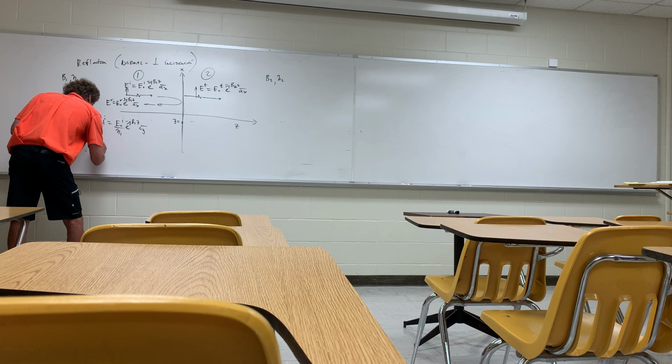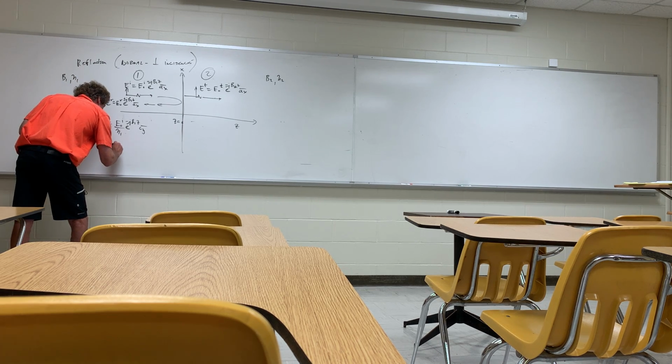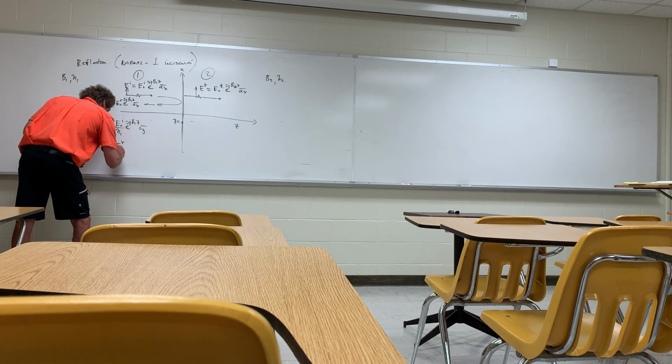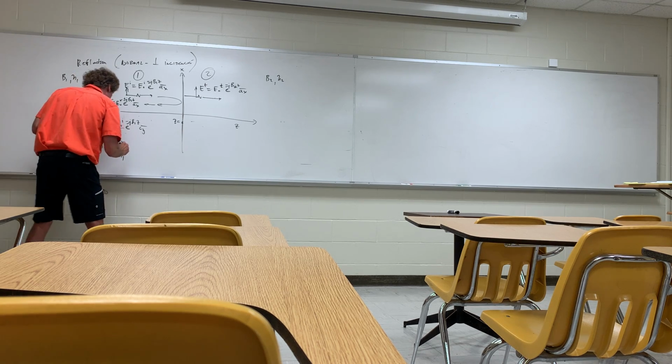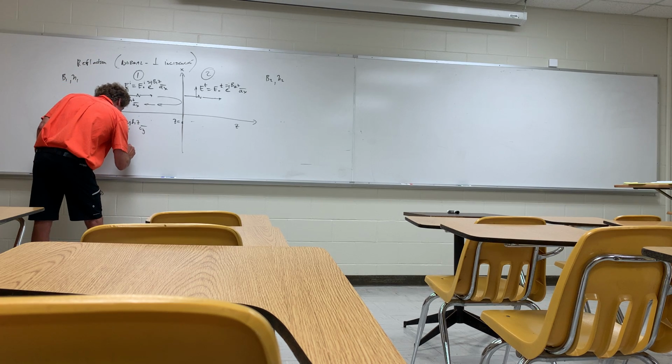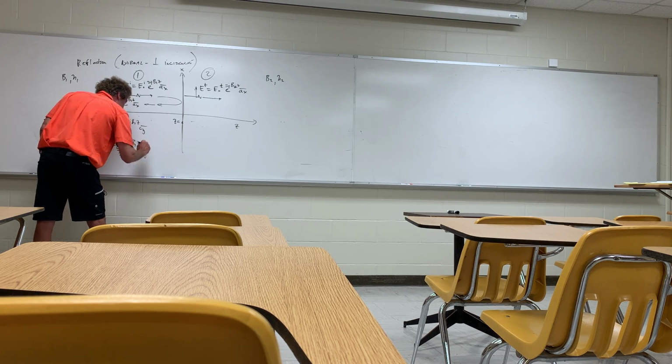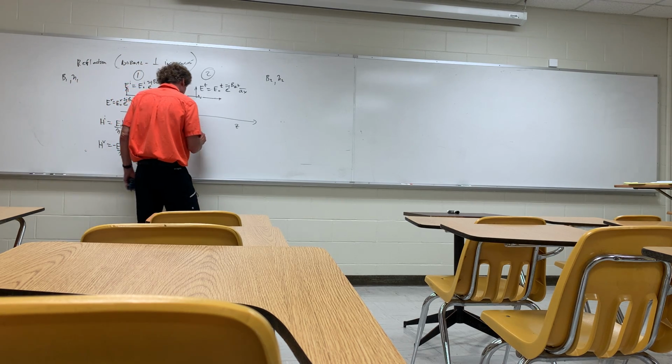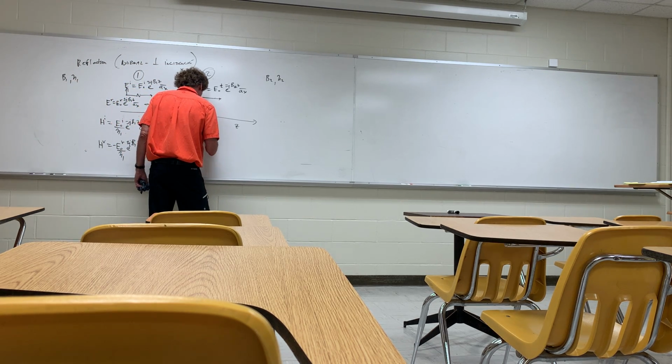And I'd have H reflected, which would be E naught reflected over eta 1, but with a minus sign there because it's going the other direction, times e to the positive j beta 1 z in the a_y direction.